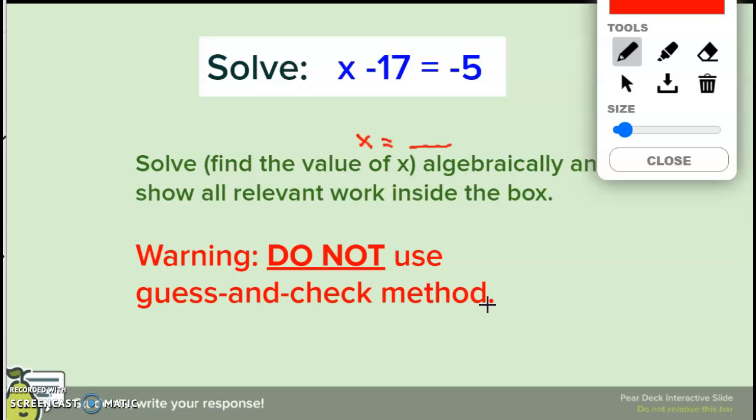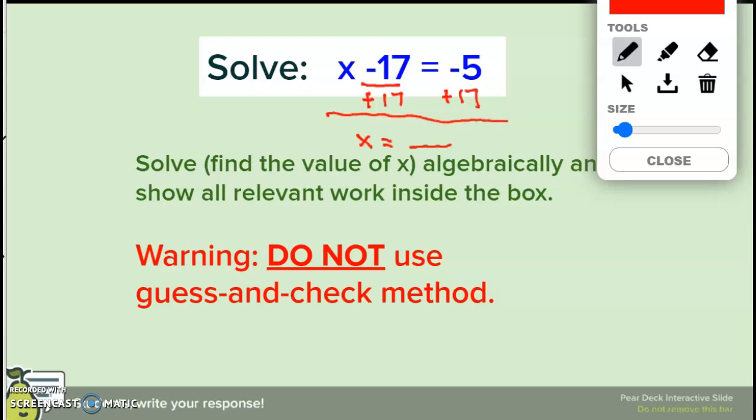So that means we do not want anything around x. We just want x on one side of the equal sign and some number on the other side of the equal sign. Looking at this, what is it that we do not want? We want to get rid of this, don't we? We want to get rid of -17. How do I get rid of this -17? How can I undo subtract by 17? That is by adding 17 to both sides.